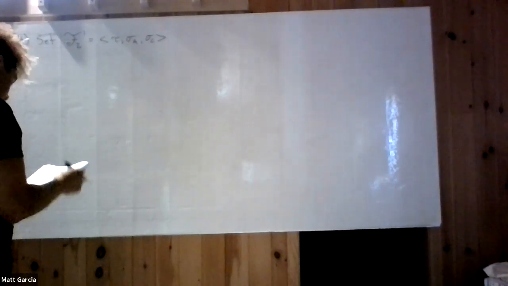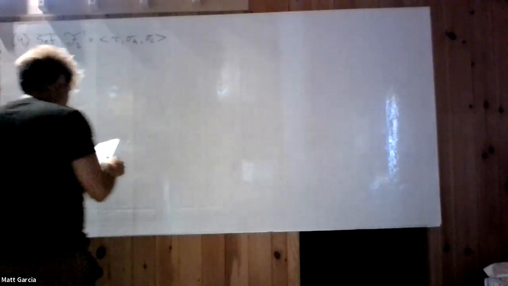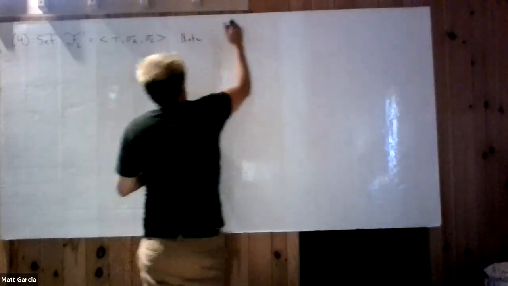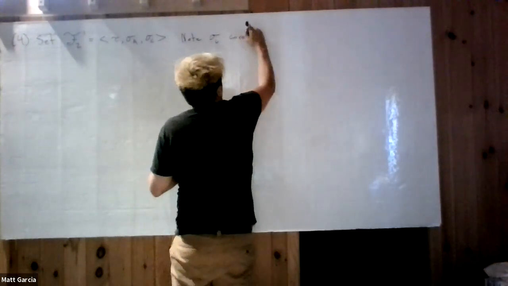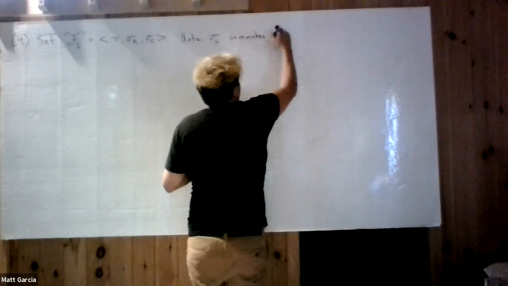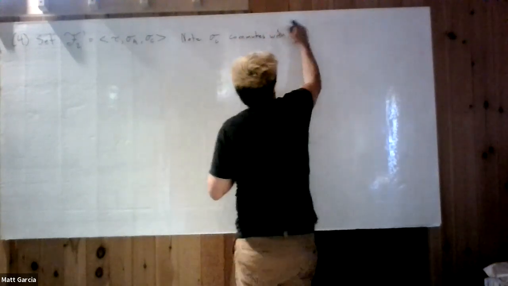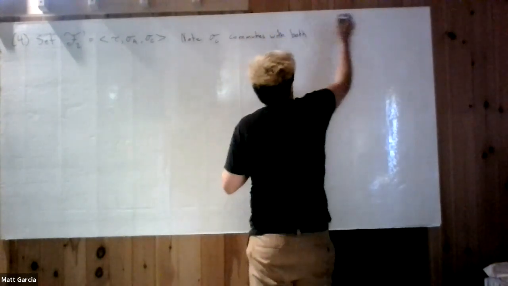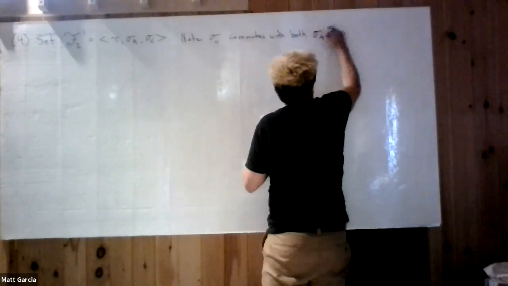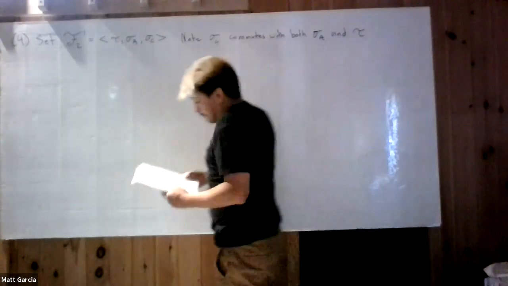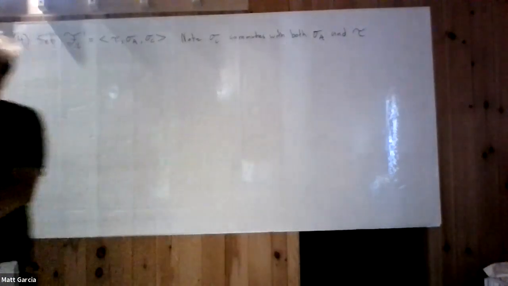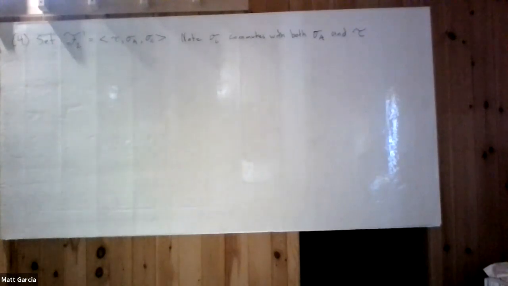Okay. So, firstly, note that sigma C commutes with both sigma A and tau. Why is that? Well, let's start from the beginning.